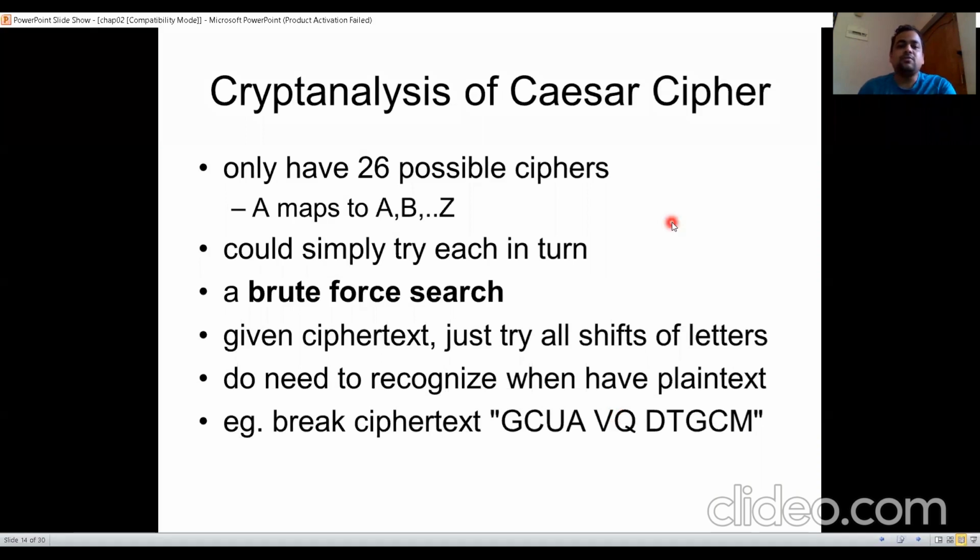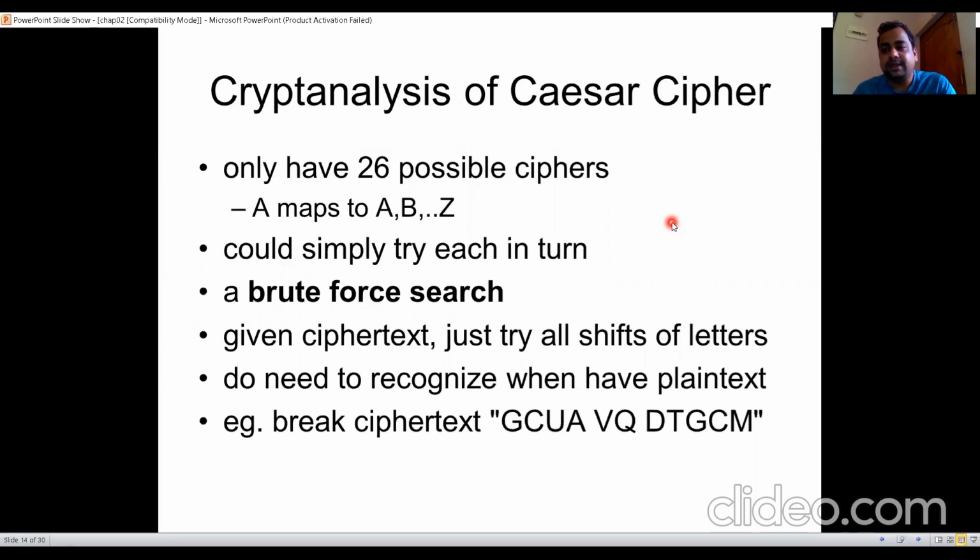Now, what is the cryptanalysis of the Caesar cipher? What are the different types of attack that are possible on a Caesar cipher? The Caesar cipher is a simple ciphering mechanism. It only adds some number to the existing numbers. As you know, there are a maximum of 26 characters, so there may be a mapping of up to 26 characters.